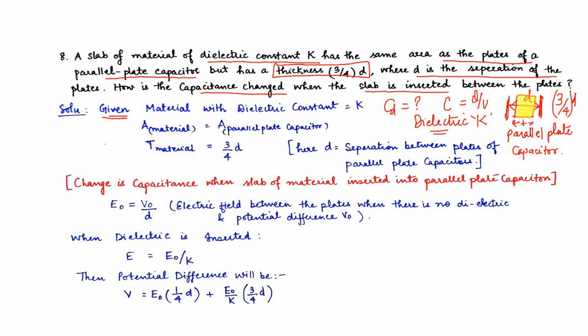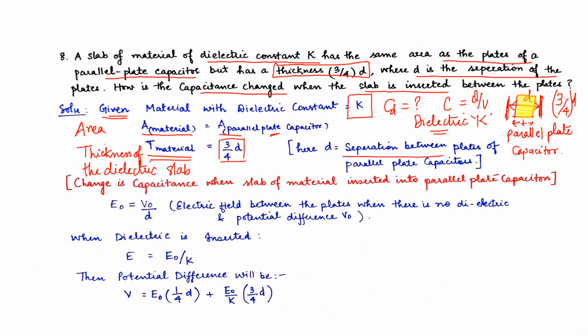The given information is a material with the dielectric constant K. The area of the dielectric material is equal to the area A of the parallel plate capacitor. The thickness of the dielectric slab is 3 by 4 times d.